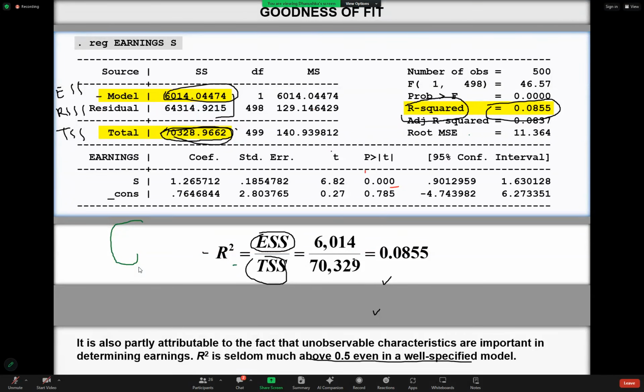If the R square is above 0.5, then the model is good. We can say if the R square is above 0.5, then the model is good.